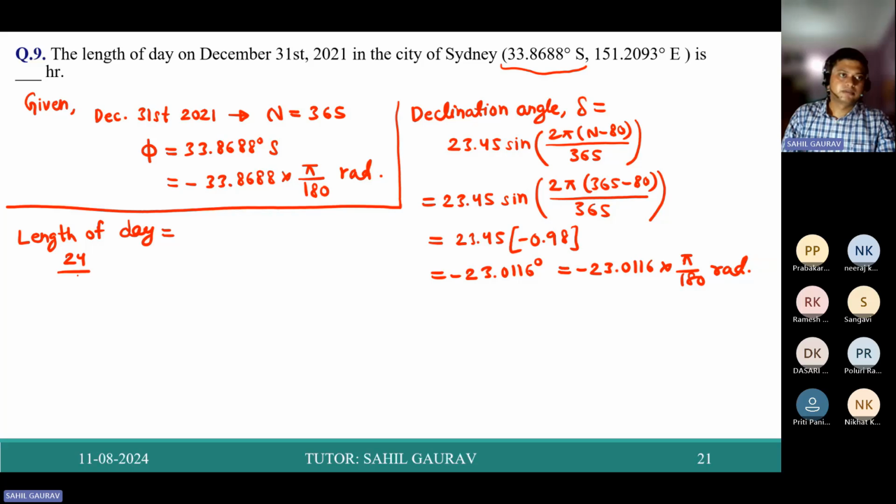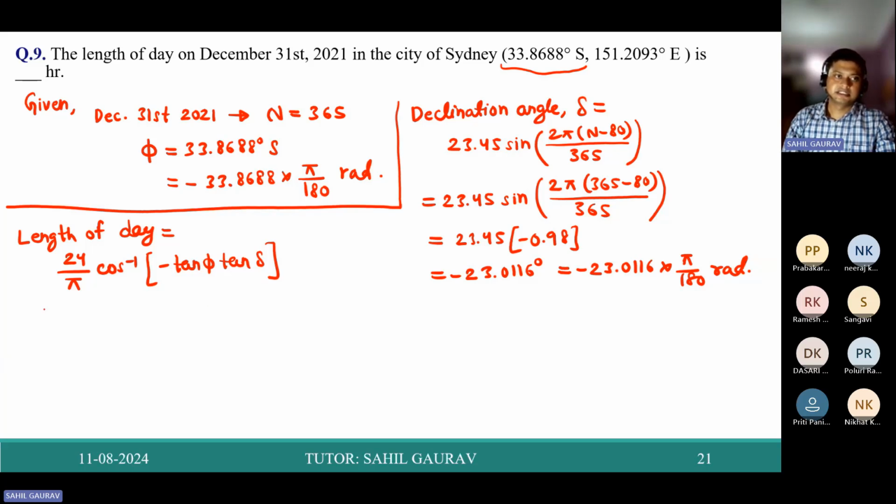It is 24 upon pi into cos inverse of minus tan phi tan del. So here in this problem, we have converted all the angles in radian. So you just set up your calculator in radian, you will get the answer correctly.